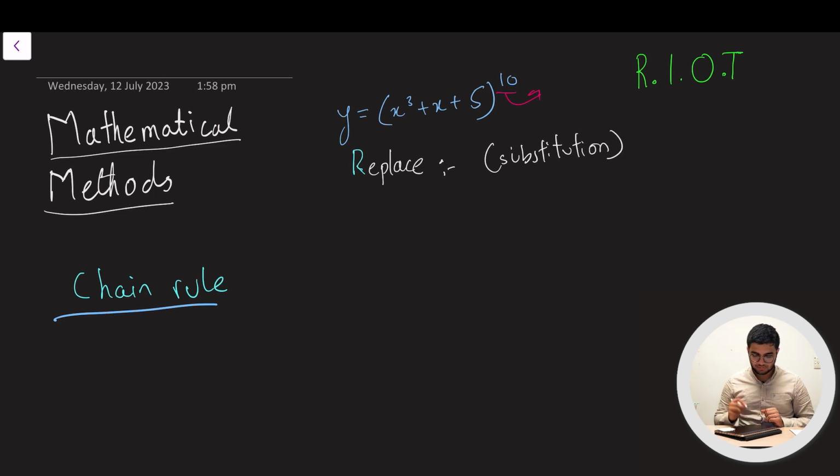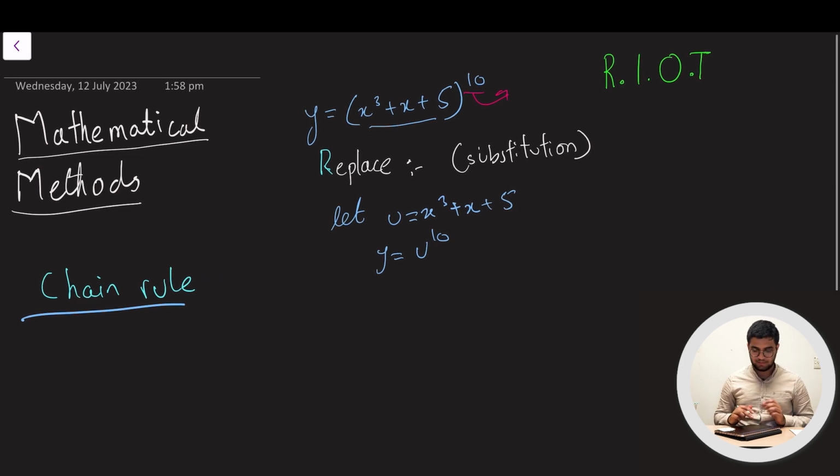We're going to say let u equal whatever is inside this bracket. In this case, it is x cubed plus x plus 5. So we're saying let u equal this, therefore y is equal to u to the power of 10. That is our R done.